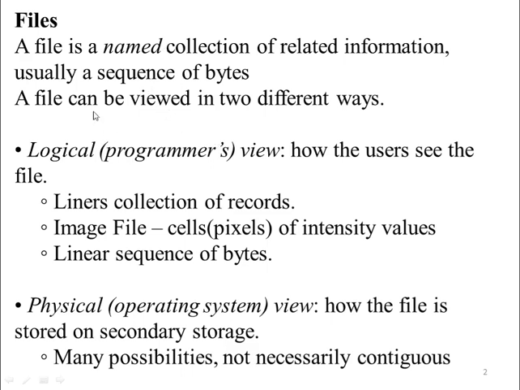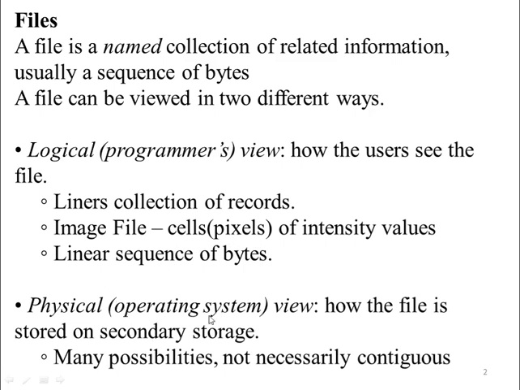The file can be accessed through a logical view and a physical view. Logical view means how the programmer or the user sees this file: a linear collection of records, an image file as a combination of cells like pixels, or a linear sequence of bytes.